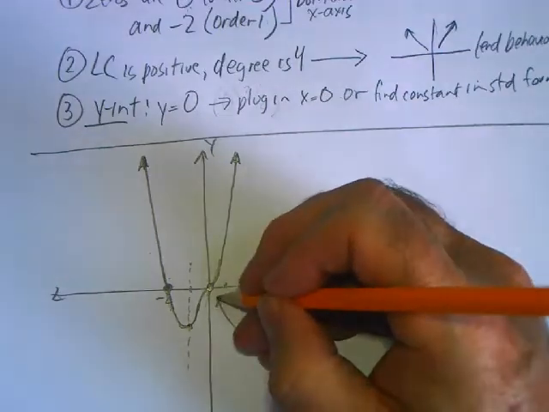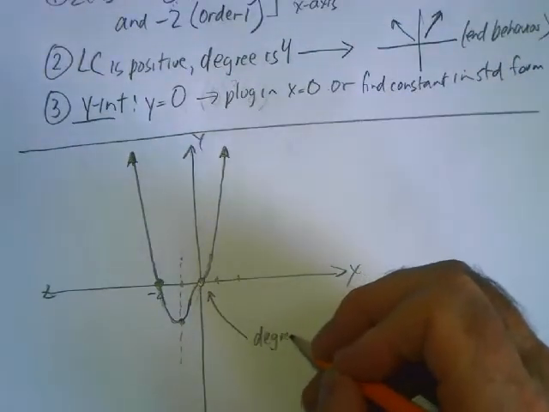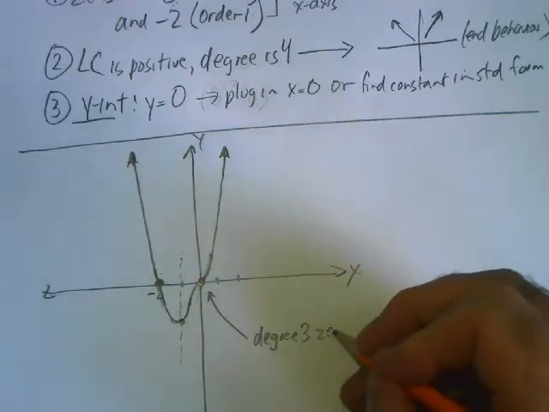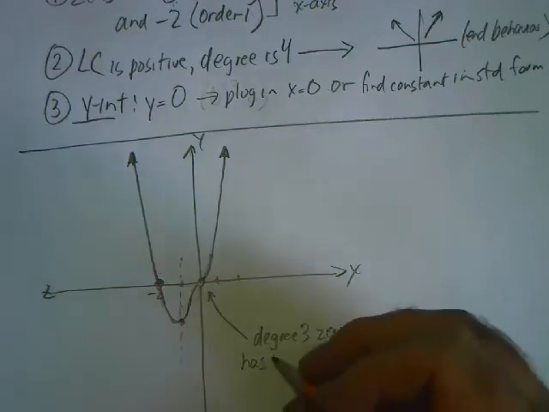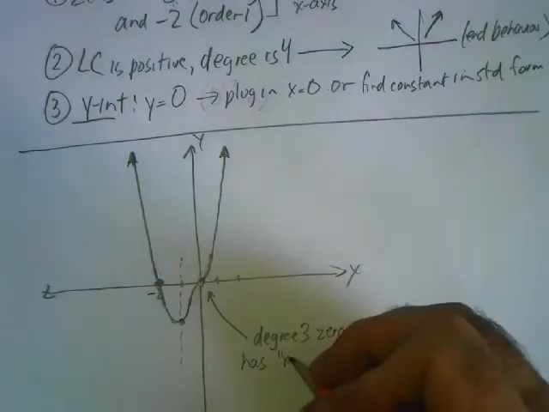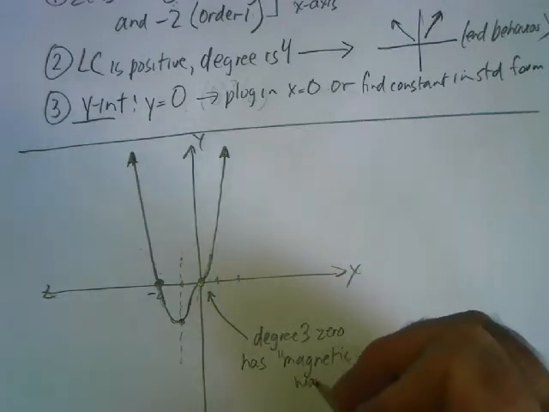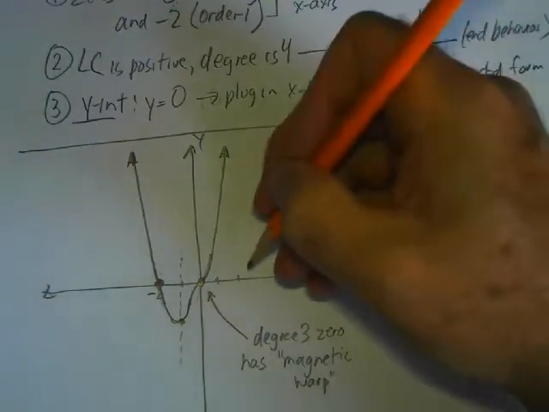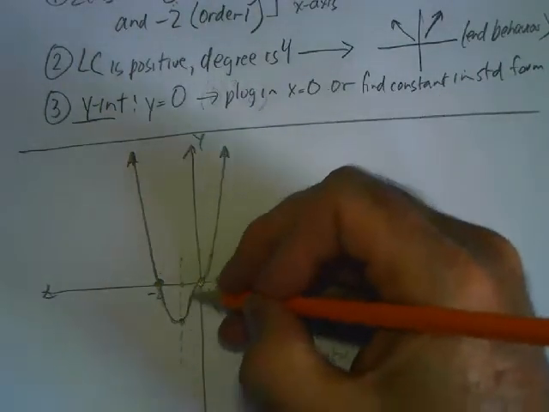So I'll just make a note here. Degree 3, 0 has, call it a magnetic warp. Just like it's being attracted towards it, and that pulls it from its path.